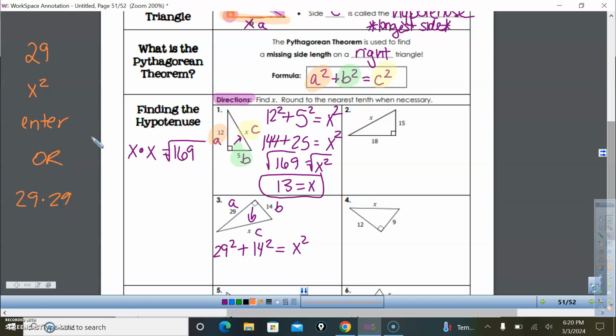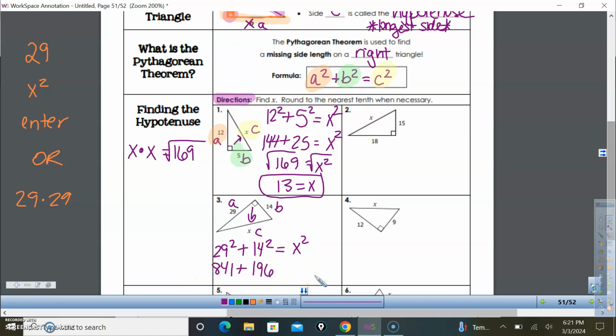That would always be an option as well, depending on your calculator type. And when I type in 29 times 29, I'm getting 841 plus, for 14 squared, I'm going to type in 14 times 14, and I am getting 196.